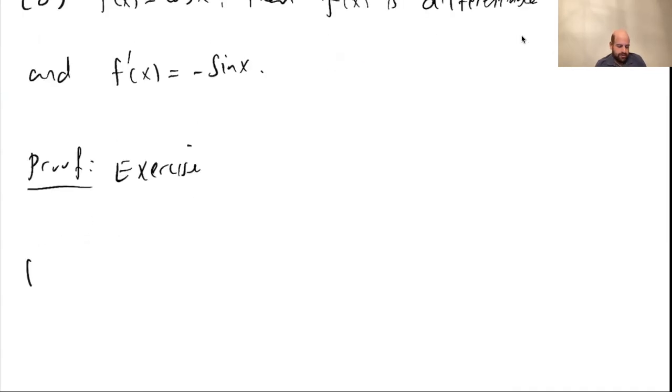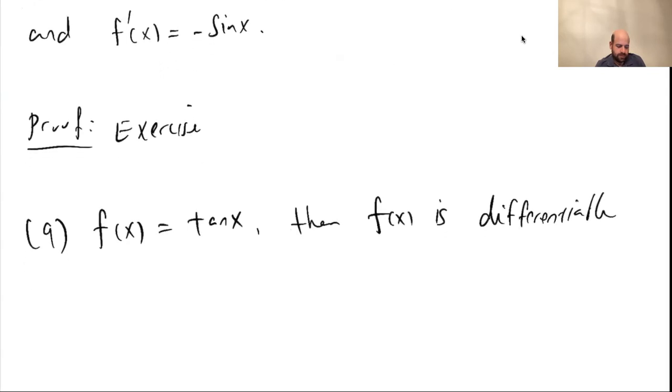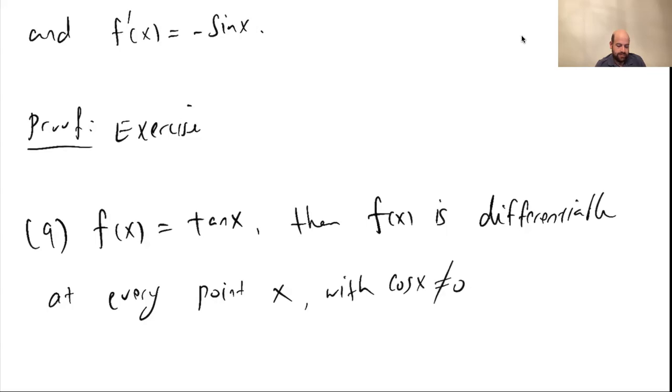So the ninth rule, for f of x equals tan x, then f of x is differentiable at every point x with cos x not equal to 0, right?